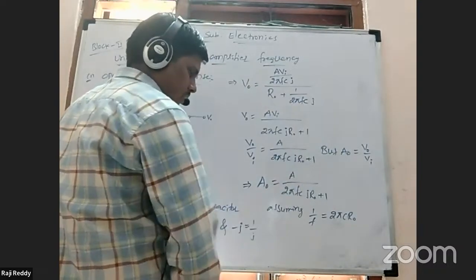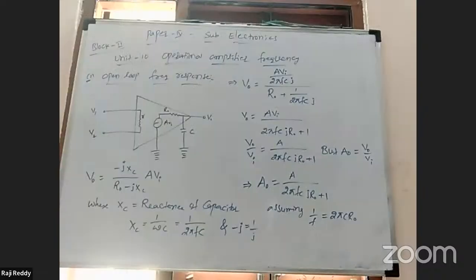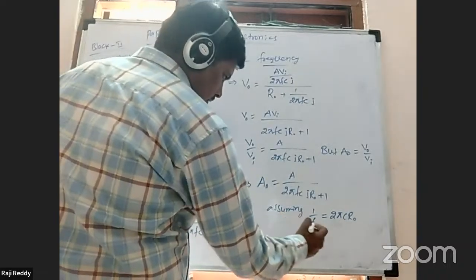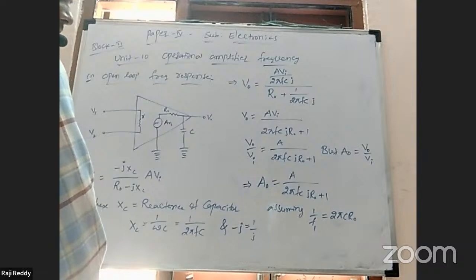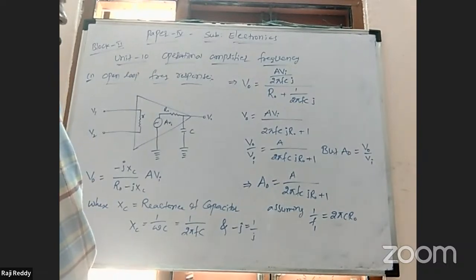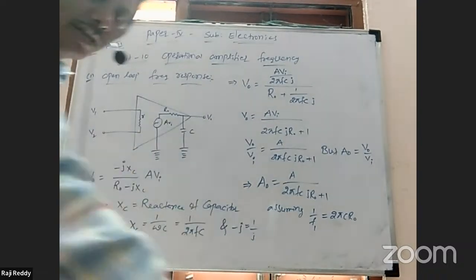Then you can substitute here j by f. Then we can assume it is f1, and the 2 pi c r naught value can be taken as 1 by f1. Then we'll get f into j by f1. That thing I will write here.